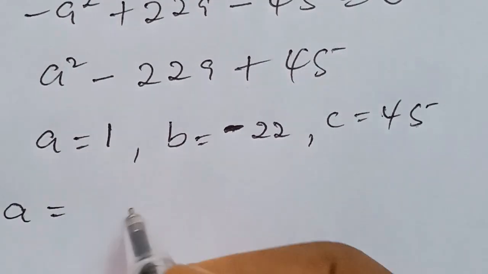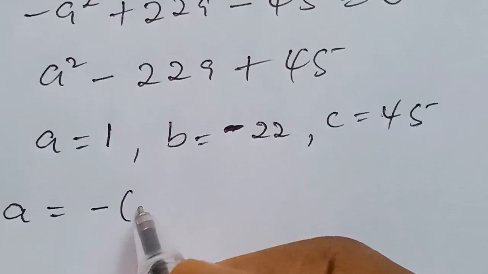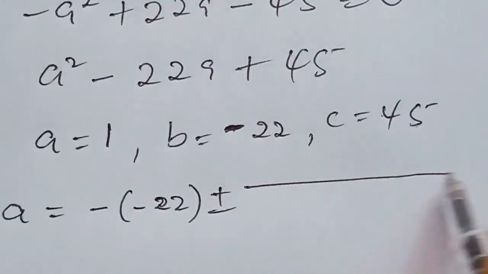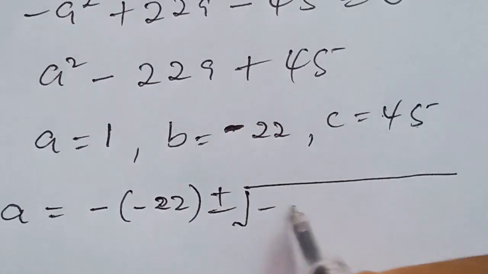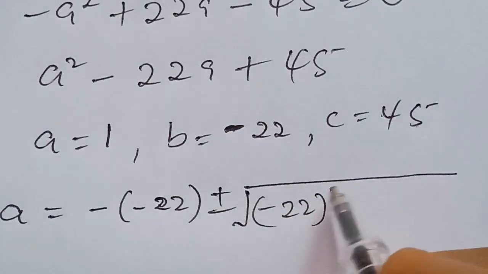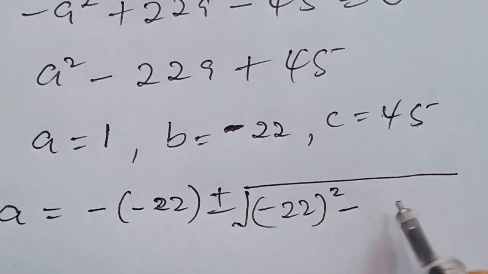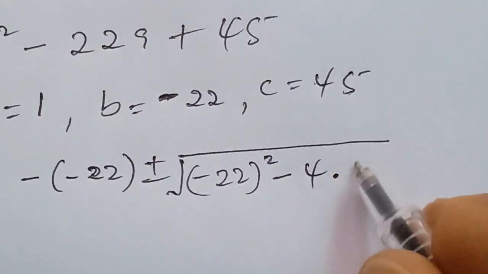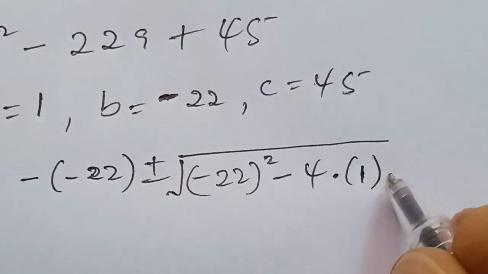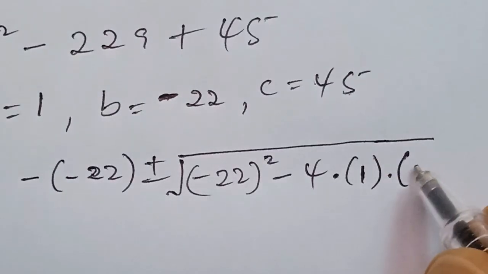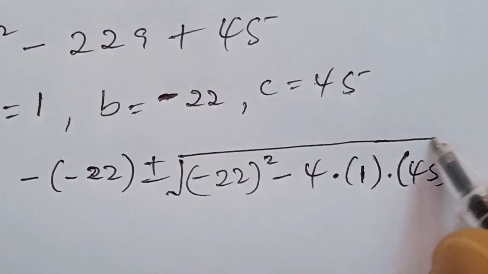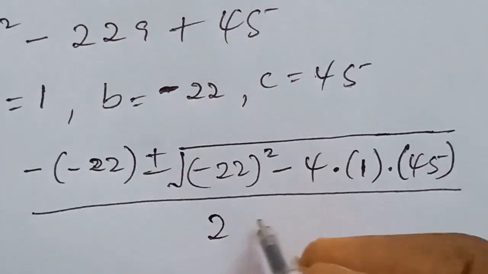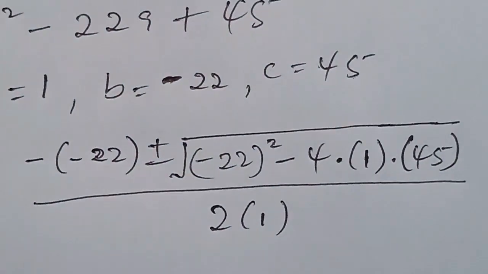We have a is equal to minus into bracket minus 22 close the bracket plus or minus square root of minus 22 into bracket raised to power 2 minus 4 multiplied by 1 multiplied by 45, over 2 then multiplied by 1.